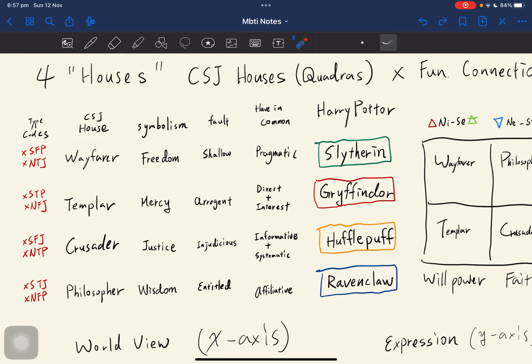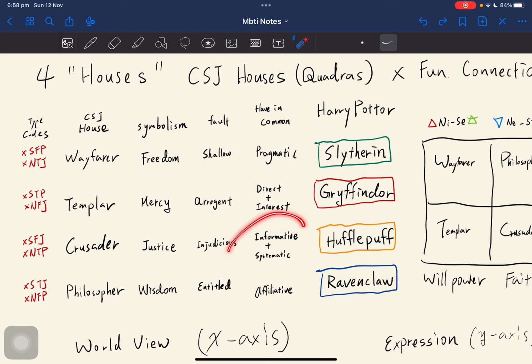See what I mean? So if you like this house and you are direct and interest, and you also have this characteristic, or you are a bit arrogant, or someone else is this, then there's a high chance they are this house. So same thing here.